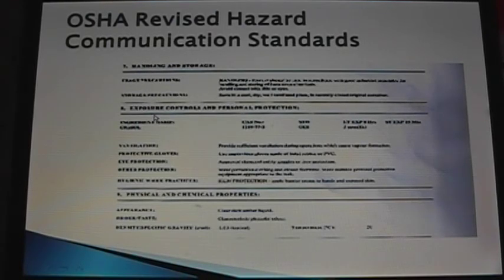Let's see, what number am I on? Here's 9. Physical and chemical properties. The appearance of Lysol is clear, dark, and amber. It has a phenolic odor, and that's enough of that.